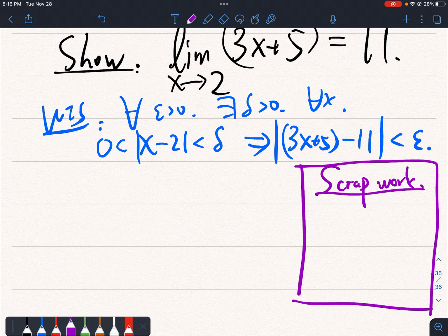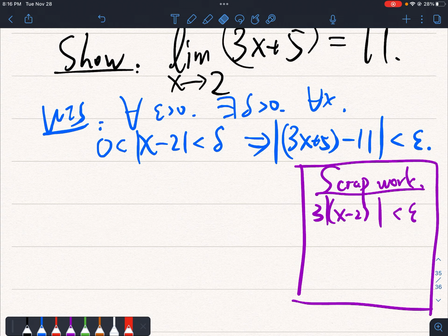So you want to solve this inequality for any positive real number epsilon, right? So then if you are given a positive epsilon, then this is simply 3x minus 6, right? Because plus 5 minus 11 is minus 6. And then this becomes 3 times x minus 2, because 3x minus 6 is 3 times x minus 2. So all you want is this is less than epsilon.